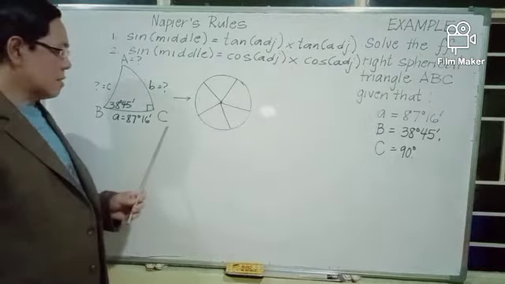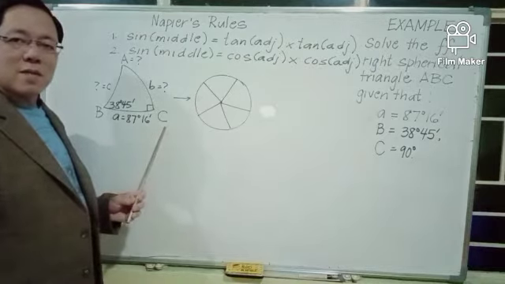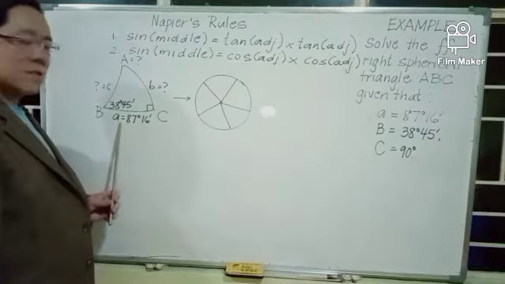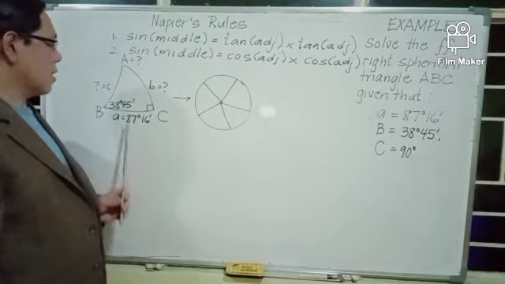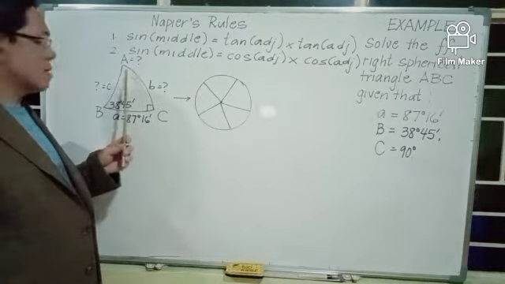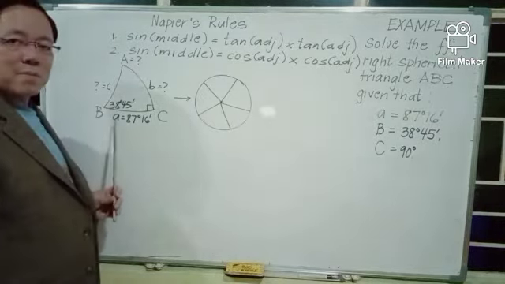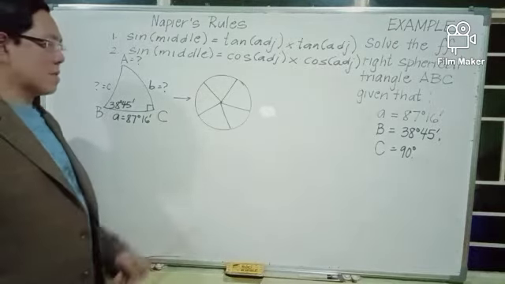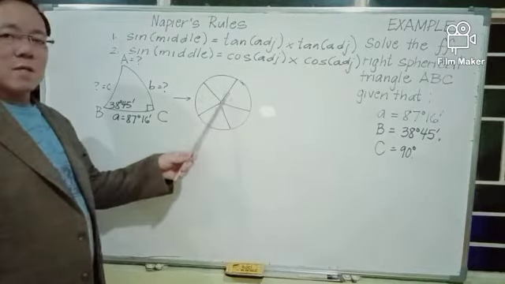And since the angle C is fixed at 90 degrees, the 5 parts that may vary are small a, small b, capital A, small c, and capital B. And we place these 5 parts in this circle.